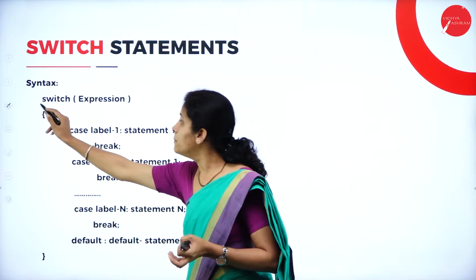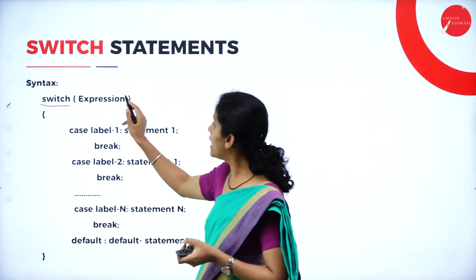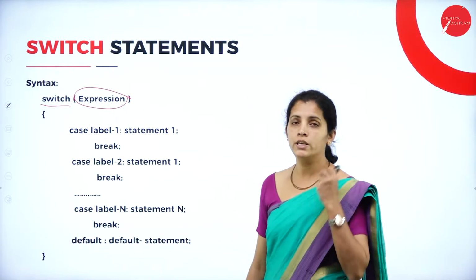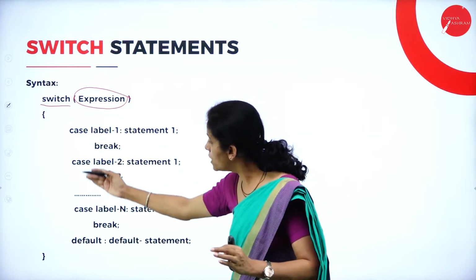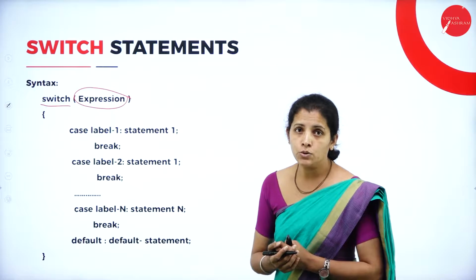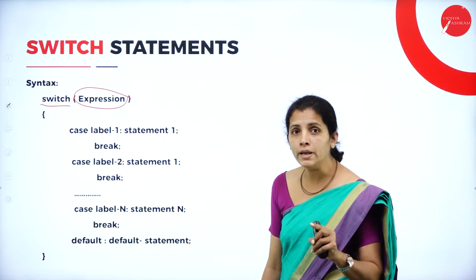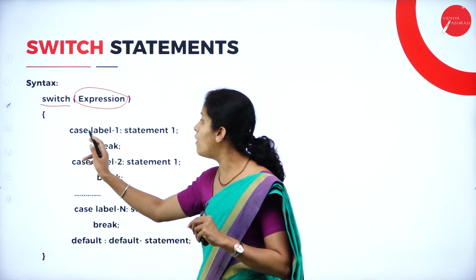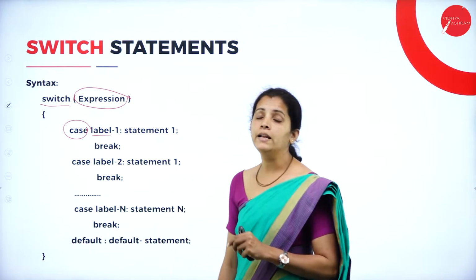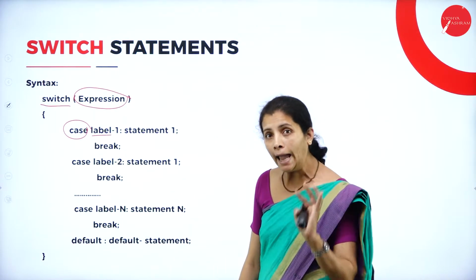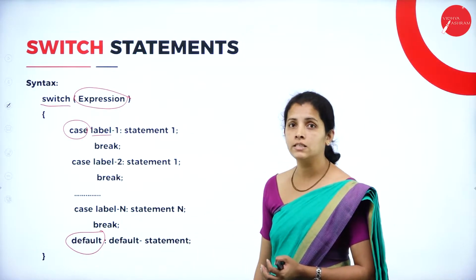Here at the beginning, I'm going to have the switch keyword and I'm going to specify the expression. And here I'm going to have the alternatives, that is more than two alternatives, and that should be specified with the help of case, along with the label, and it's going to vary up to N, and at the end I'm going to have the default selection.